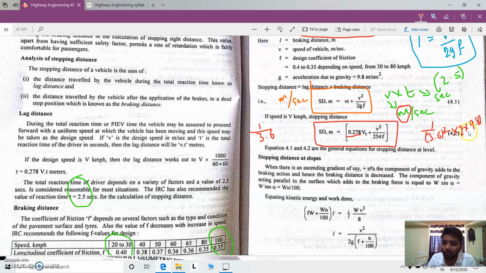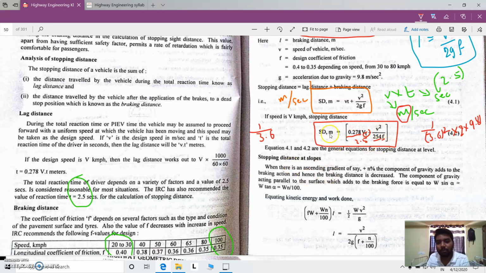When we substitute these values, we get 254 in the denominator, remaining with the friction coefficient value. So the stopping sight distance in meters is equal to 0.278 Vt, where T is 2.5 seconds, plus V square by 254F.